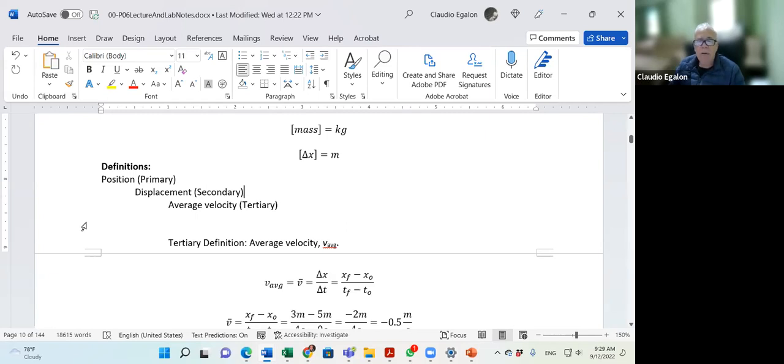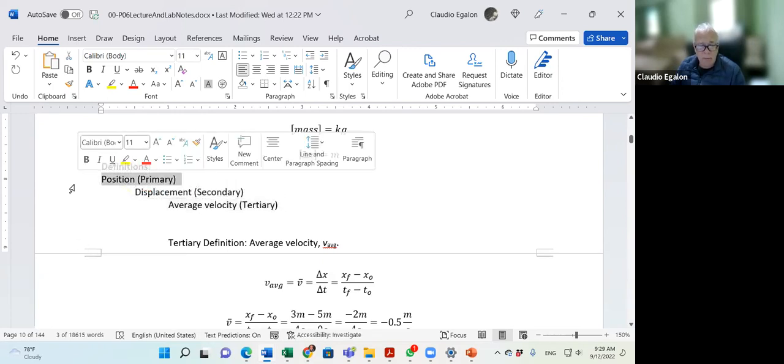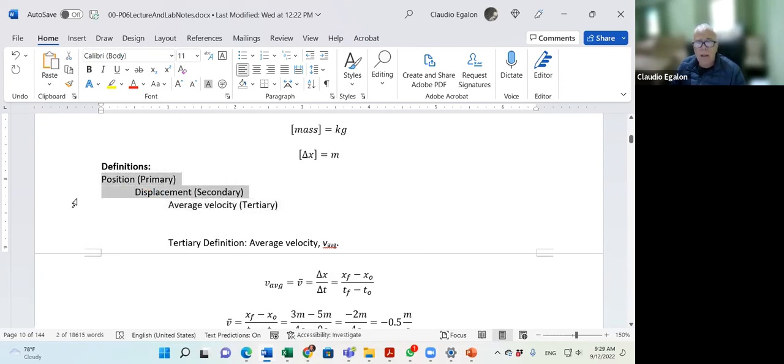But in many situations, it can be very predictable to find the position of an object in space, especially satellites orbiting the Earth, or spaceships flying away from the Earth to other planets. In order to do that, you need this other definition. Not only do you need the position and the displacement, you also need the definition of average velocity.